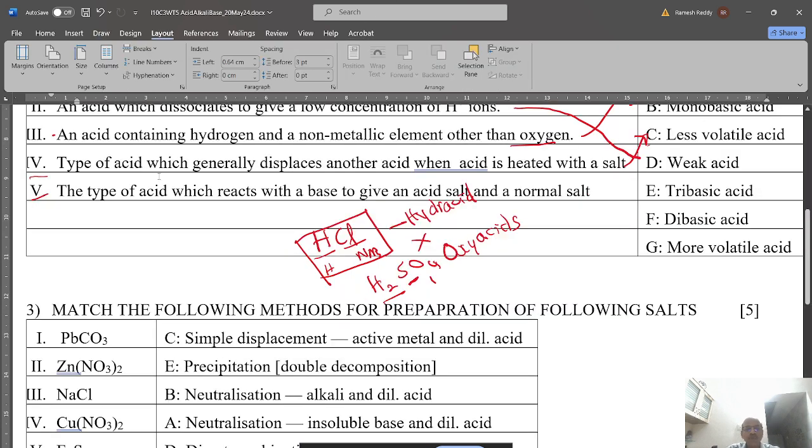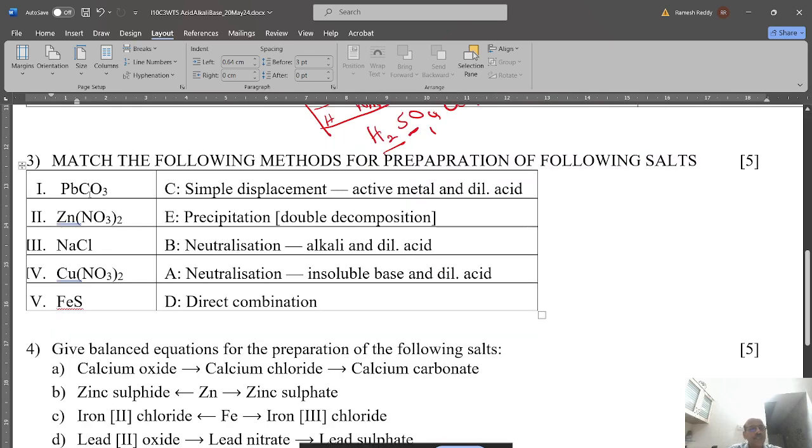Let's go to the match the following. PbCO3. Preparation methods. Before understanding the preparation method, as in the earlier chapter, you should try to understand the solubility of the salts.